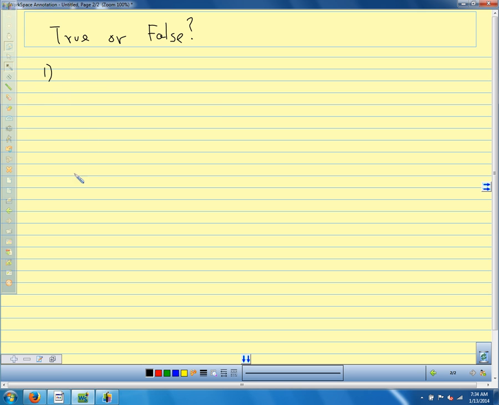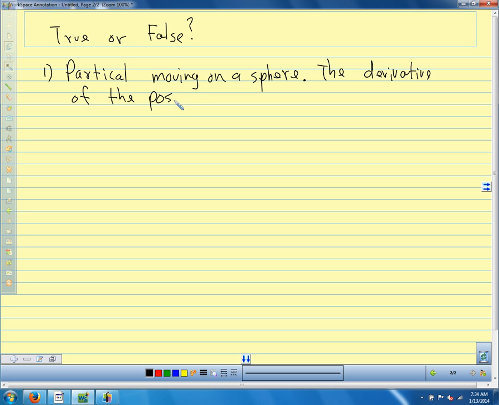We have a particle moving on a sphere. So true or false, we want to know the derivative of the position vector is tangent to the sphere.